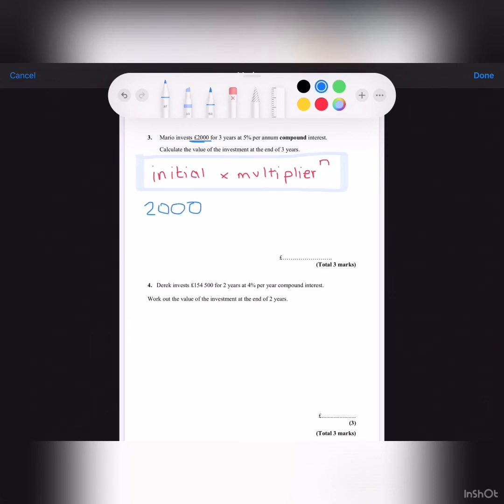Okay, we now need to work out this multiplier. Well, in order to get that multiplier, we take our original percentage and we have our new one. So this is 5%, and it's interest. Therefore, we need to add that 5% on. So we get 105%. But remember, a multiplier is always as a decimal, so we just divide that by 100.